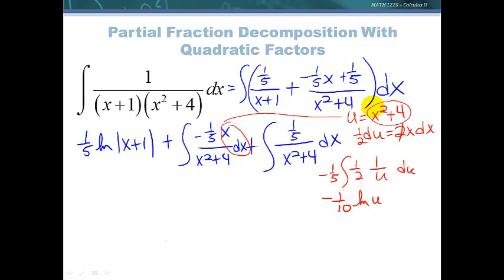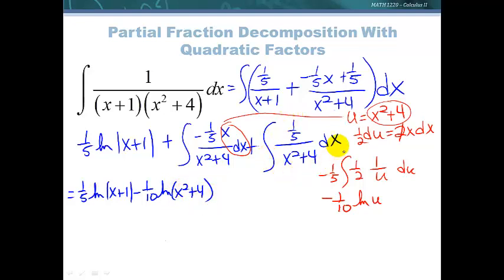So let's write down what we have so far over here on the other side. So we have 1/5 natural log of x plus 1 minus 1/10 natural log of x squared plus 4.